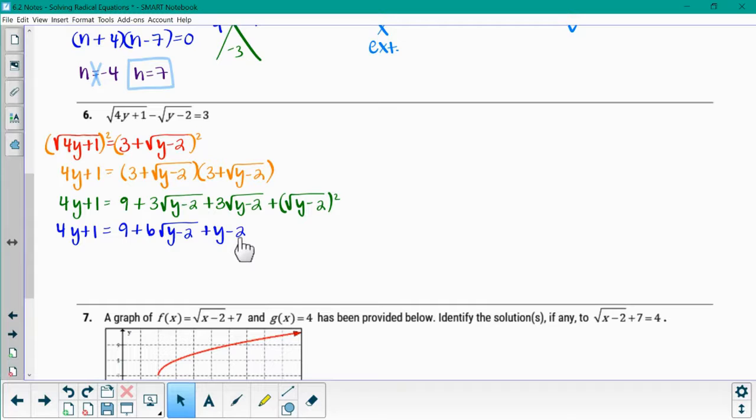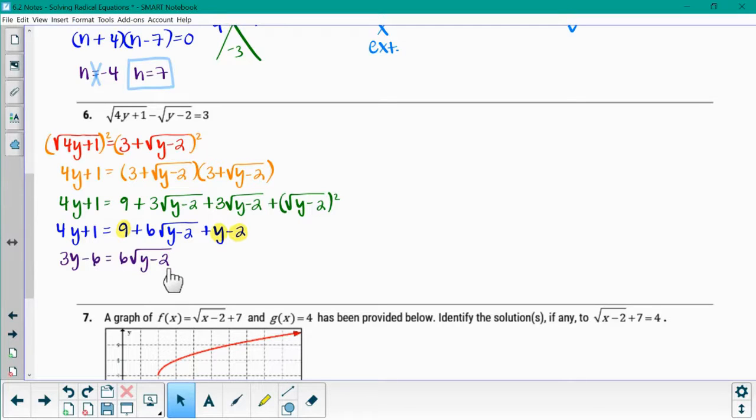Now, anything not attached to the square root, I'm going to move to the left-hand side of the equation. So I'm going to subtract 9, subtract y, and add 2. And that's going to give me 3y minus 6 is equal to 6 square roots of y minus 2.